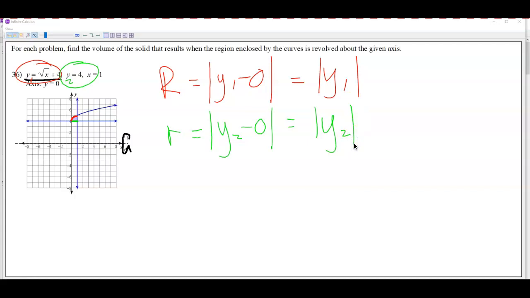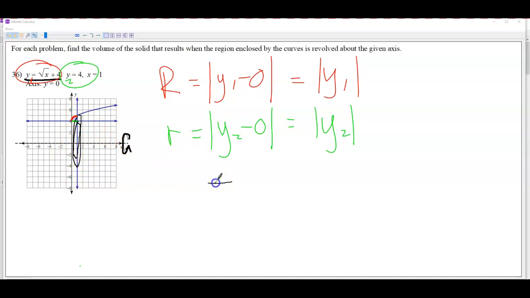And then finally, we're ready to go ahead and calculate the area of these circles as we rotate them around the axis. So the red one's going to trace out a pretty big circle here as we rotate it around the x-axis. And this green one's going to rotate a slightly smaller circle inside of that, creating a donut-looking shape, which we call a washer.